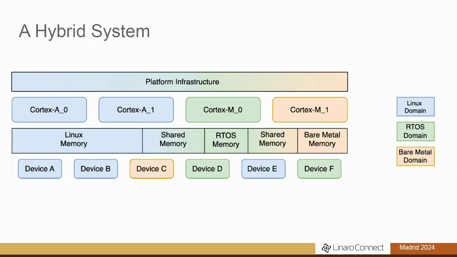At the bottom, we have some devices. Again, typically the devices might be assigned to different execution domains along the bottom. And then at the top, we've got this generic shared platform infrastructure, things like clocks, power control, again, shared between the domains.